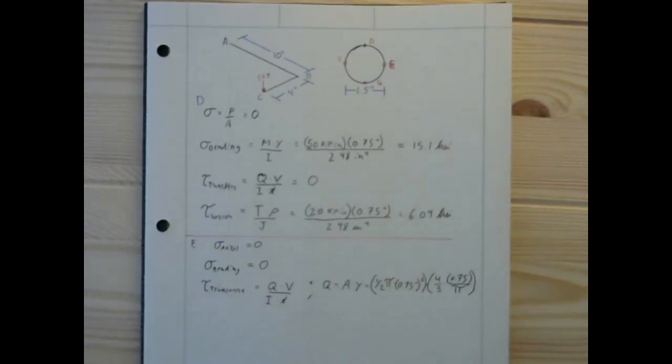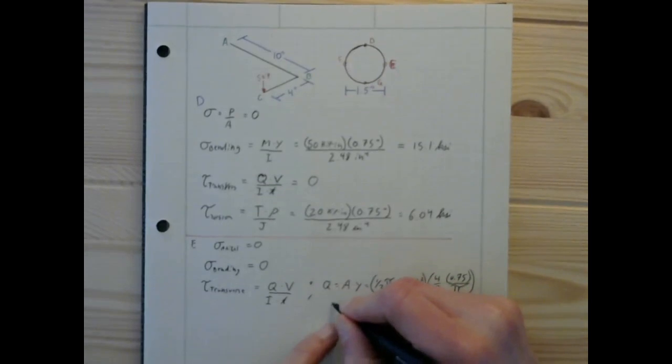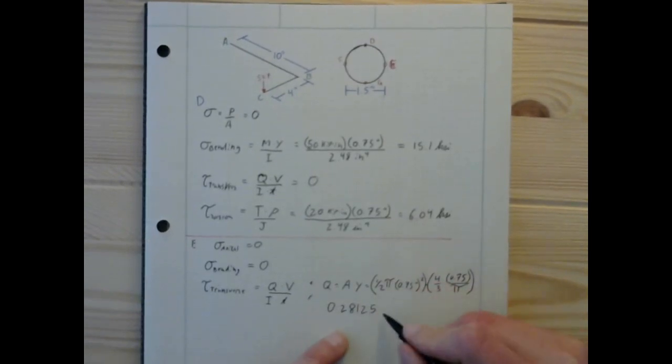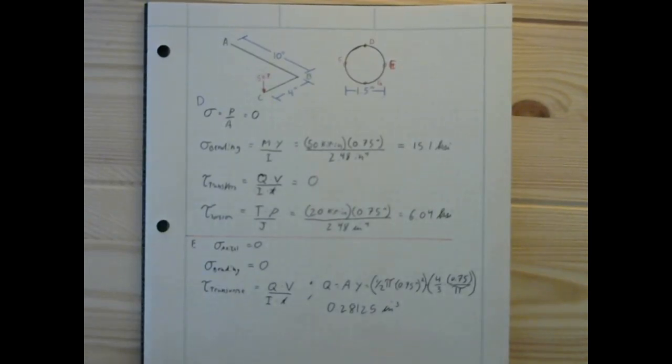How convenient that those pi's cross out, and we're going to end up with 2/3 times 0.75 cubed. So that's going to end up being 0.28125 cubic inches.